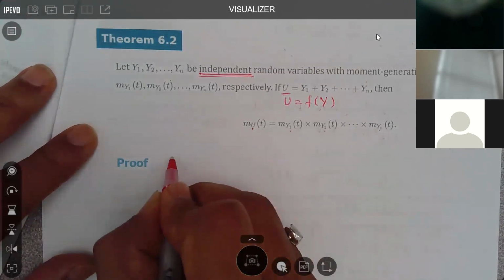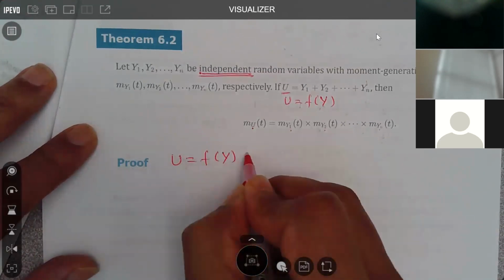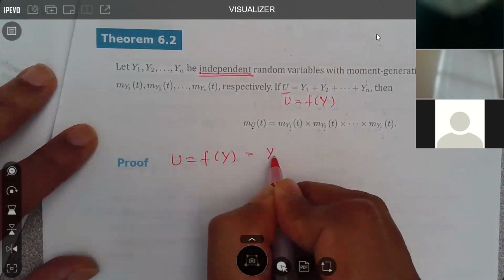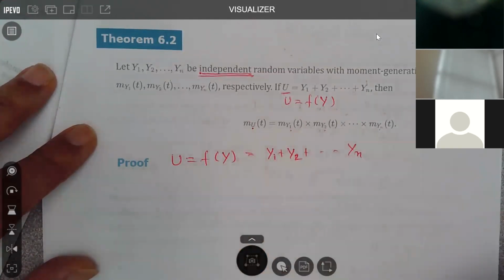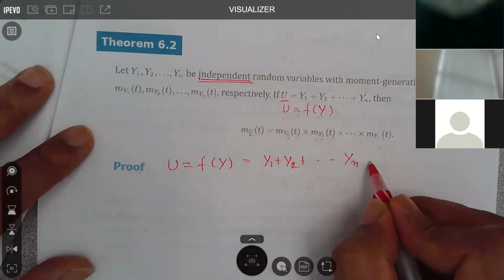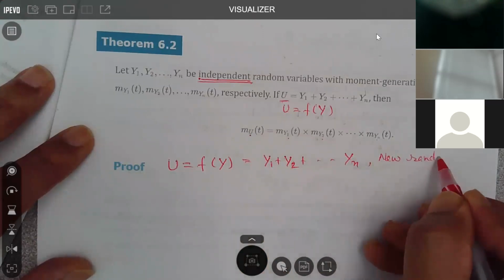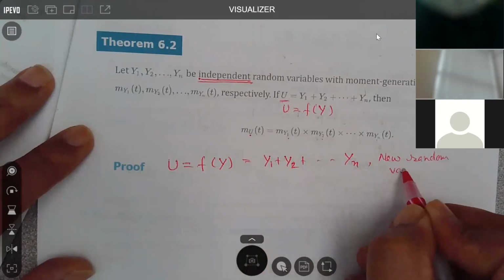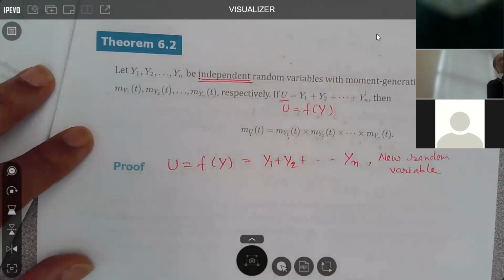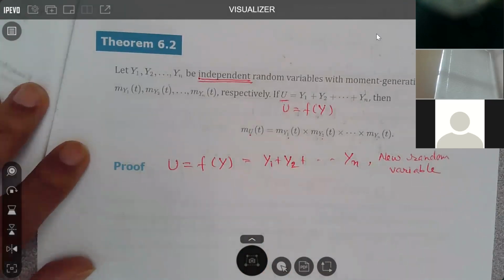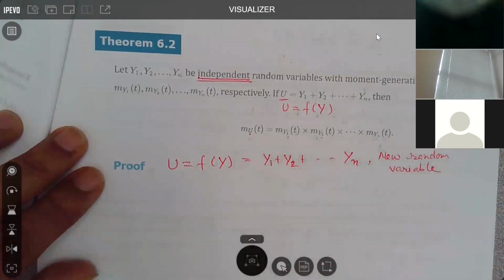Now u is a function of y, so u equals y1 plus y2 plus yn, right? So it is a new random variable. We want to find the density for u, so we just want to prove this in this problem.